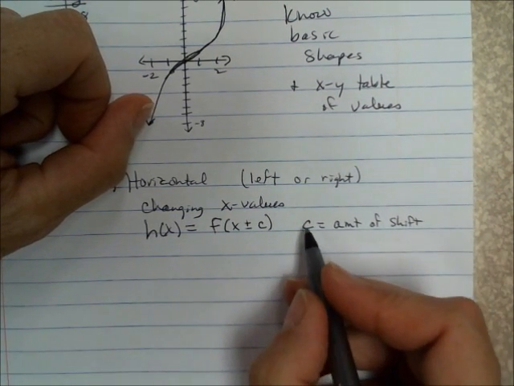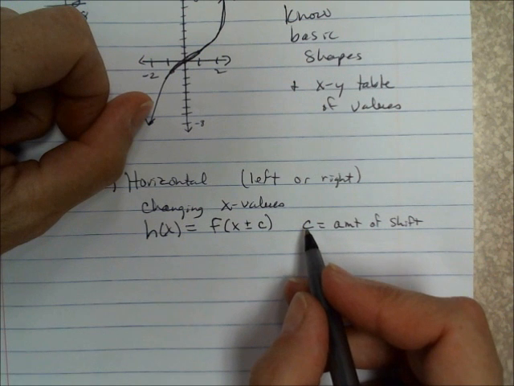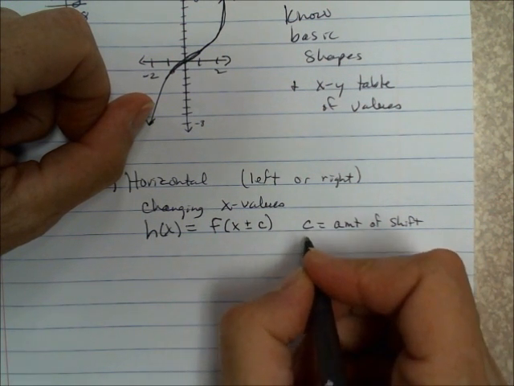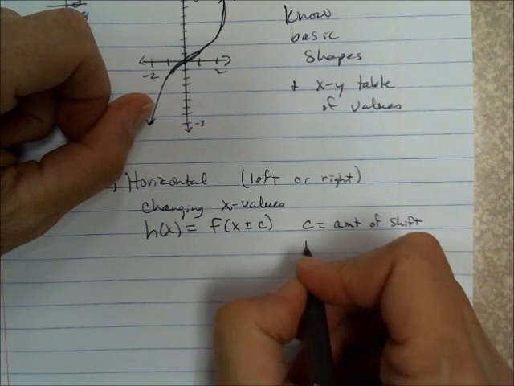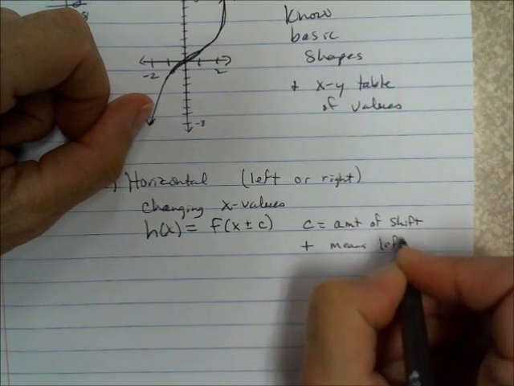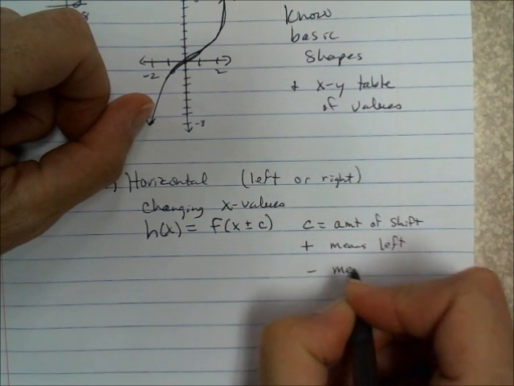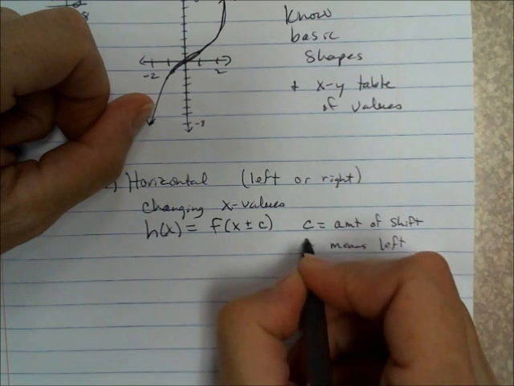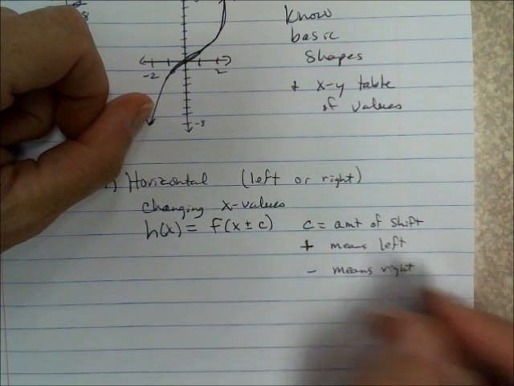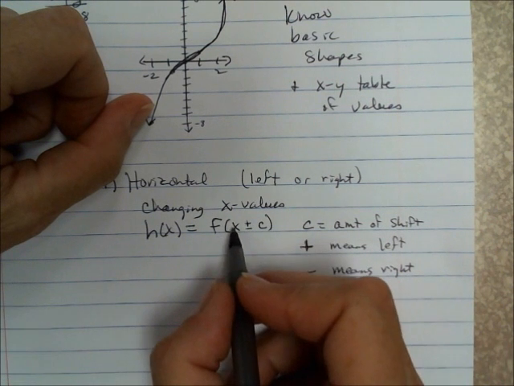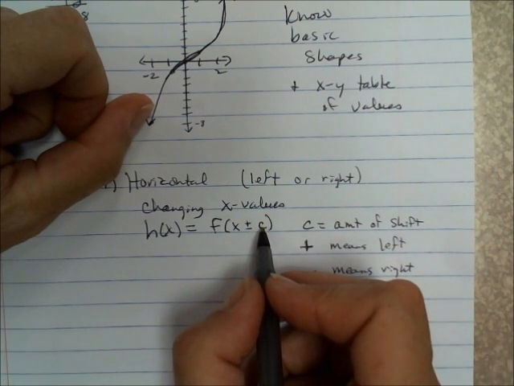So if we want to shift something over 2, let's say we want to shift to the left. Plus means left, minus means right. Just the opposite of what it seems. It seems like plus usually means go to the right, but in this case, if you have x plus 2, you're going to be shifting it 2 to the left.